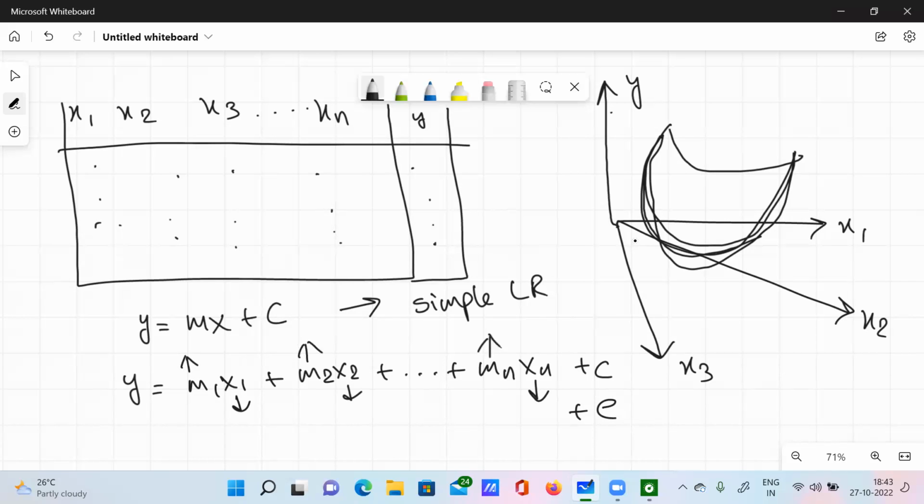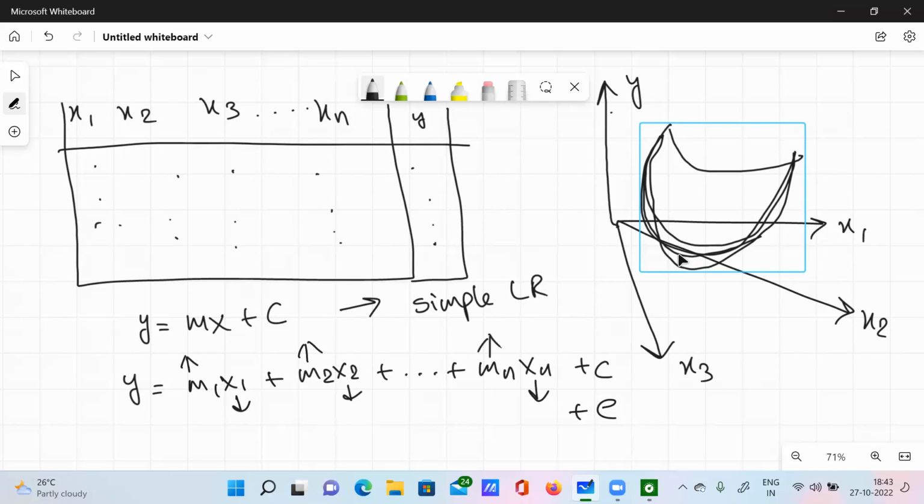These weights explain the corresponding independent variables: m1 explains x1, m2 explains x2, and mn explains xn. So this is the thing here.